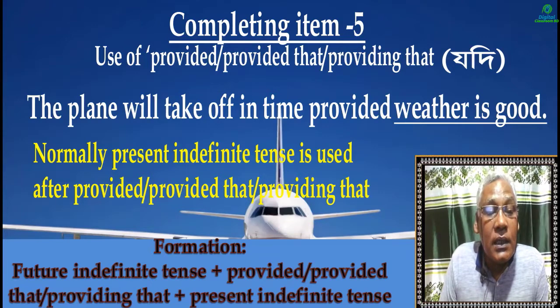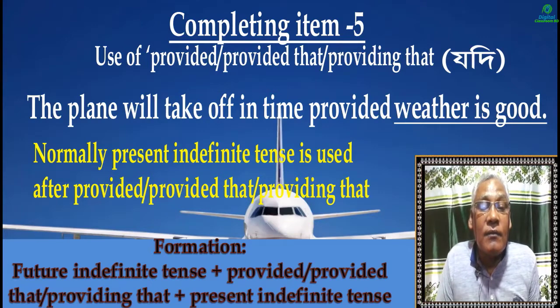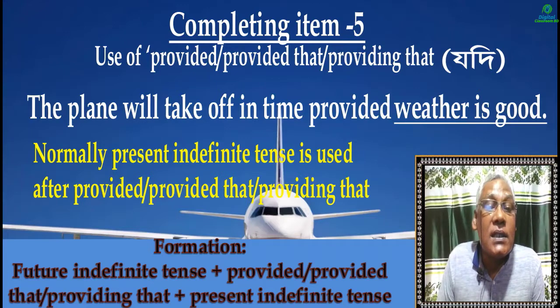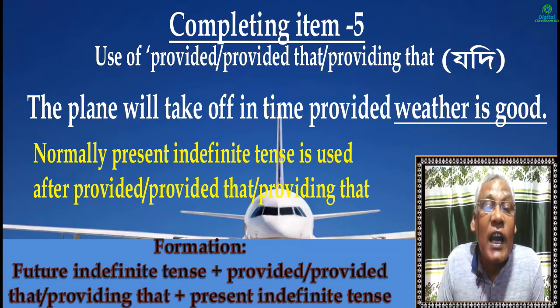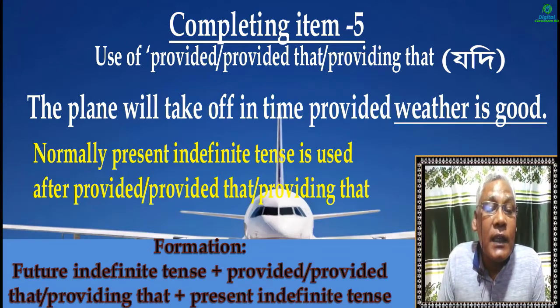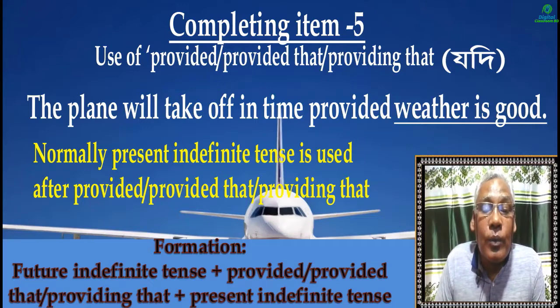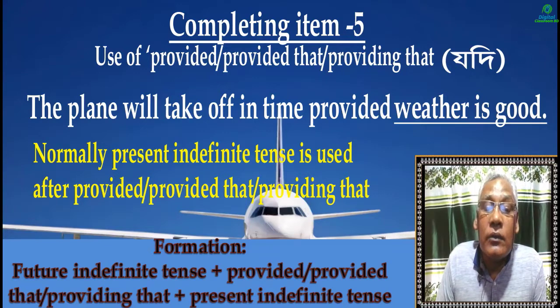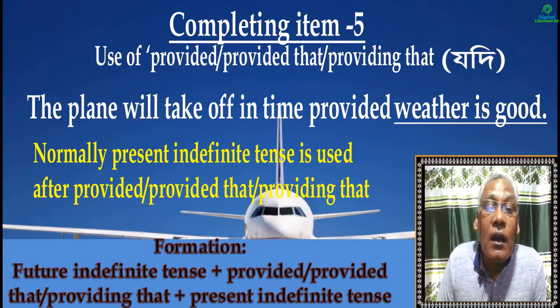Have you noticed? Future indefinite tense plus, look at the sentence, the plane will take off in time. It's in future indefinite tense, and after that provided is used as the conjunction, and after that we have used present tense, weather is good.